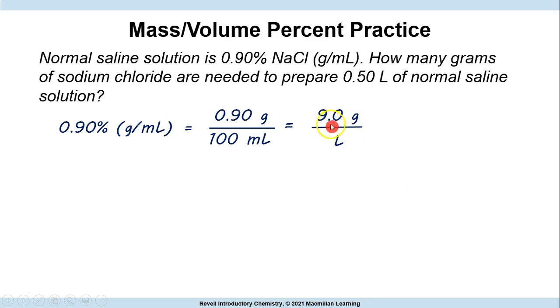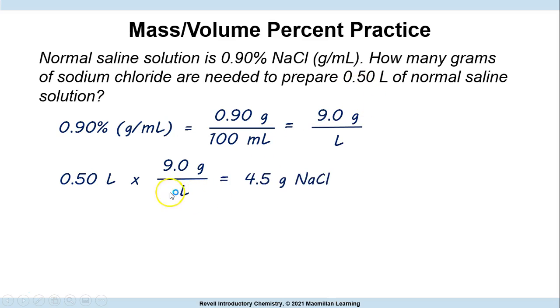Now, with the 9.0 grams in 1 liter, we are going to use this as a conversion factor to see the number of grams that will come out. So the liters here are going to cancel with the liters and we are left with grams. That gives us 4.5 grams of sodium chloride. That is one way of doing it.